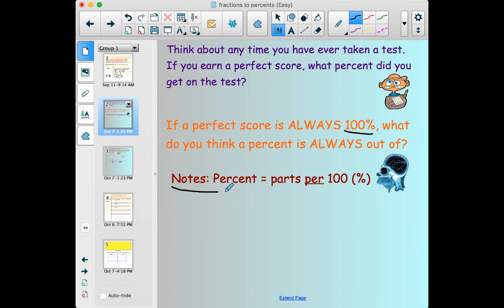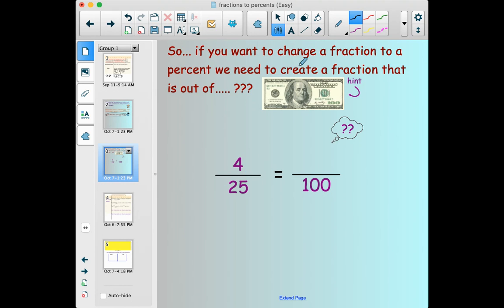So the parts per 100 is what a percent means. We learned that a little bit the other day, but we need to keep that in mind as we go forward. If that's the case, and you're trying to change a fraction into a percent, what we want to do is create a fraction that is out of, well, you guessed it, 100.